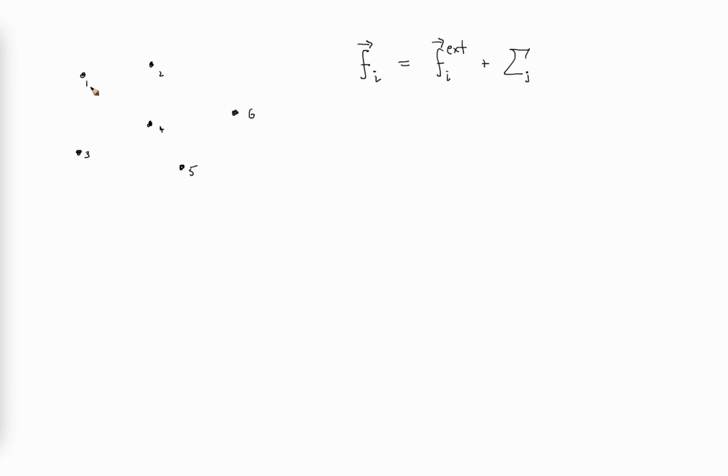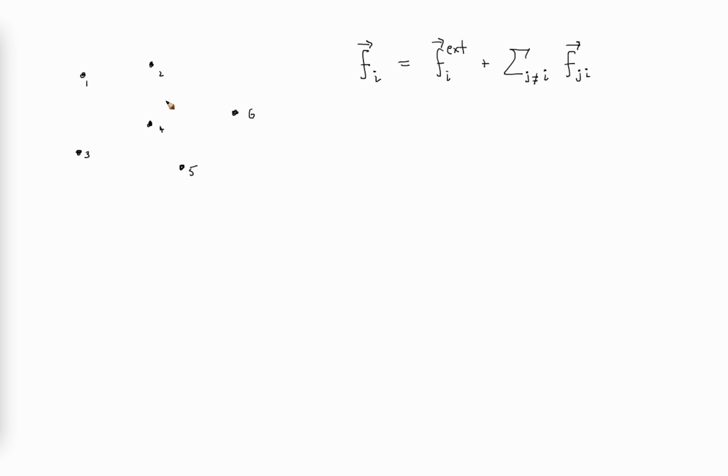So i could be 1. Summing over j would be looking at 2, 3, 4, 5, and 6. i could be 4, and summing over j would be looking at 1, 2, 3, 5, and 6. Okay, so this is going to be looking at anything j not equal to i. So we're looking at all the other ones not equal to i, and we will see the force of that particular particle on the ith particle.